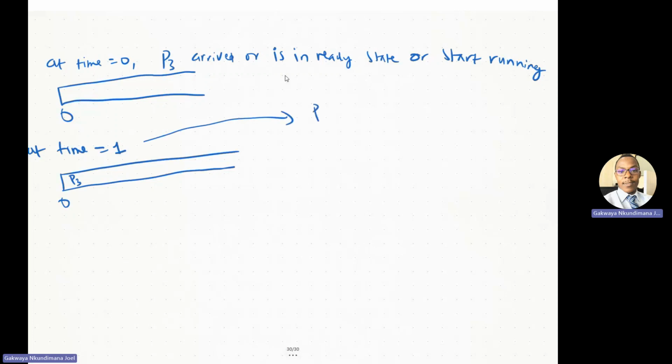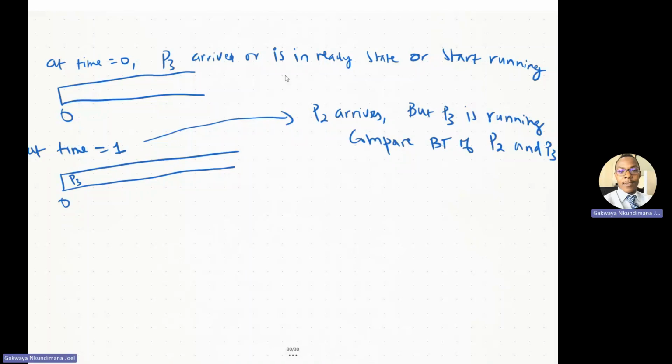So at time 1, P2 arrives. What happens when P2 arrives, but P3 is running? What do you do here? Now compare the burst time of P2 and P3.